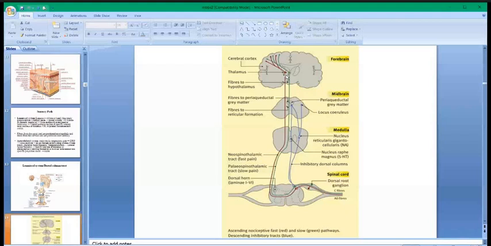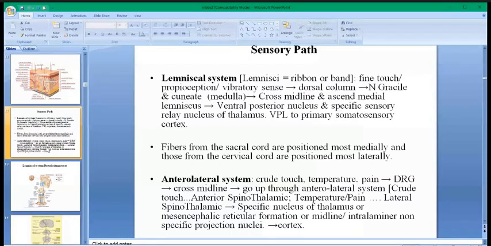And then from here the third order neuron goes. This one is the pain pathway or the crude touch pathway, right? Again I am going to the one.